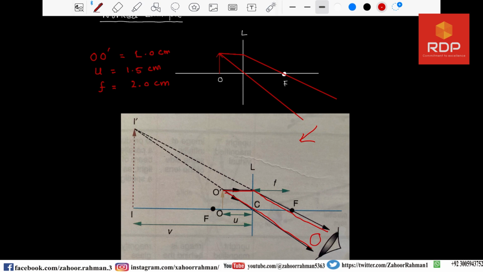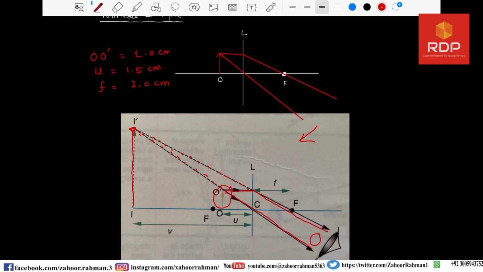But if they are not, then we have to extend them as shown in the figure by dashed lines, and they are meeting at this particular point. Then you have to measure this distance. So this will be the image of this object, and that is on the opposite side of the lens.